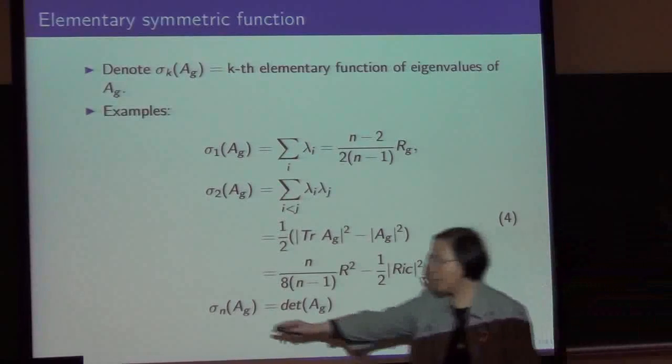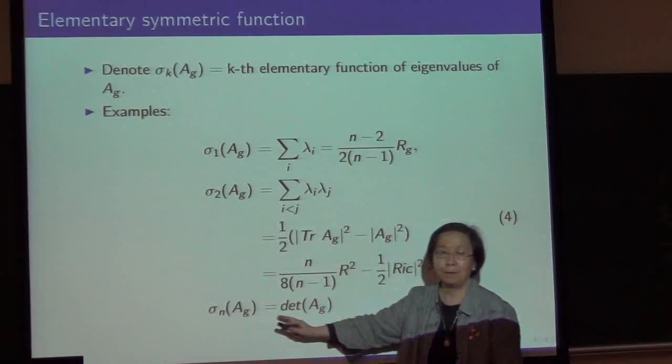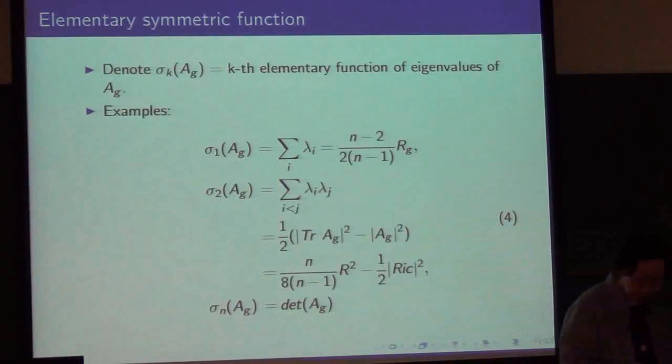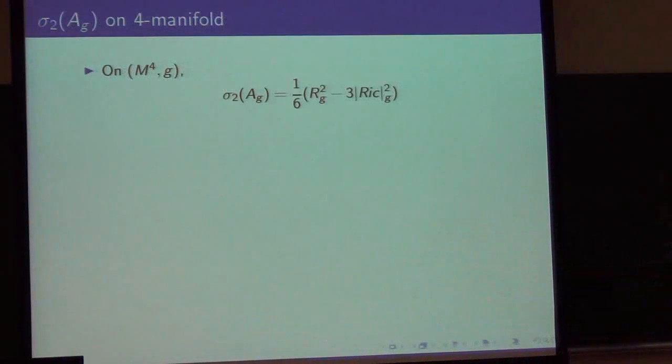The top symmetric function of the Schouten tensor is the determinant. And it turns out, with exactly the right constant, that on a 4-manifold, the second symmetric function of the Schouten tensor is the part of this Gauss-Bonnet formula which we are interested in.